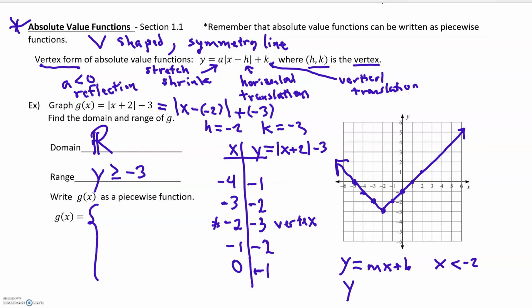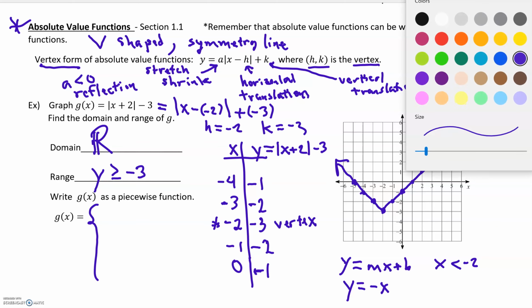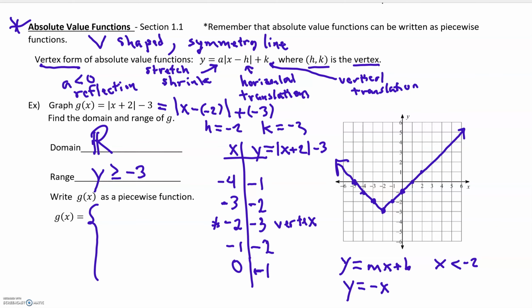We have a slope of -1 on the left side. We go down 1, right 1. That's a slope of -1. So -1 times x plus b. Well, we don't have the intercept, but if we continued on the path with a slope of -1, we'd go from the vertex to the point (-1, -4) to the point (0, -5). So we could actually find that y-intercept by just counting.